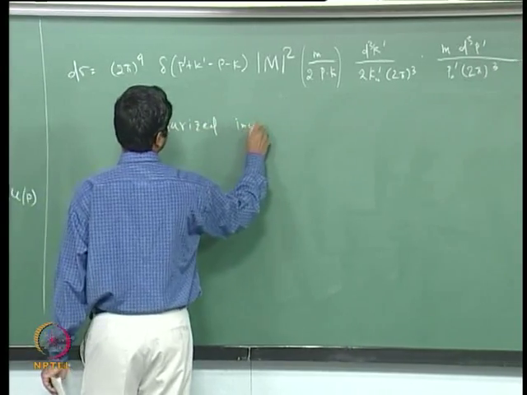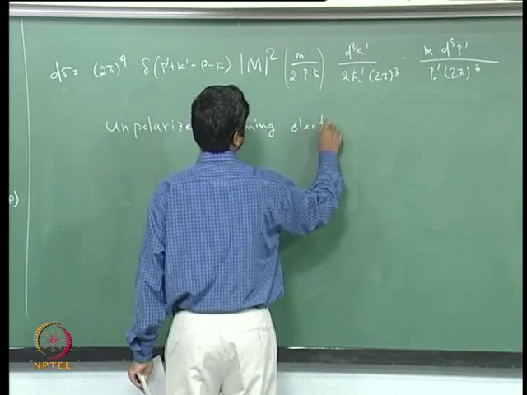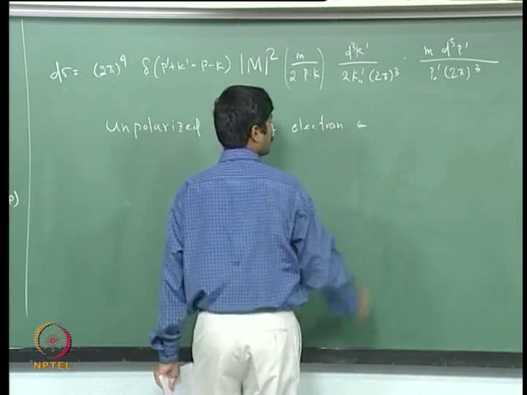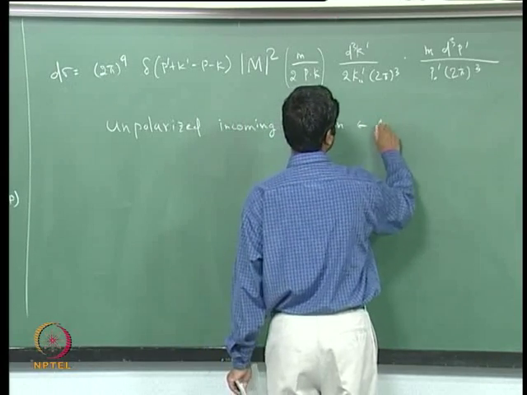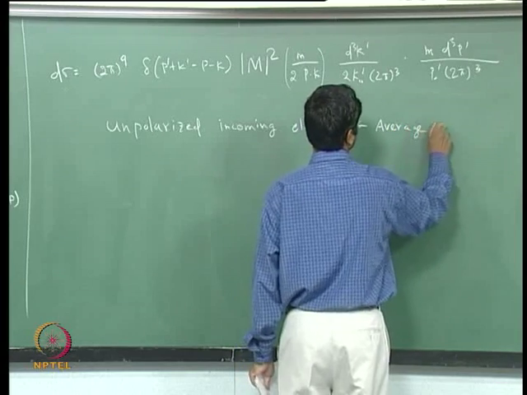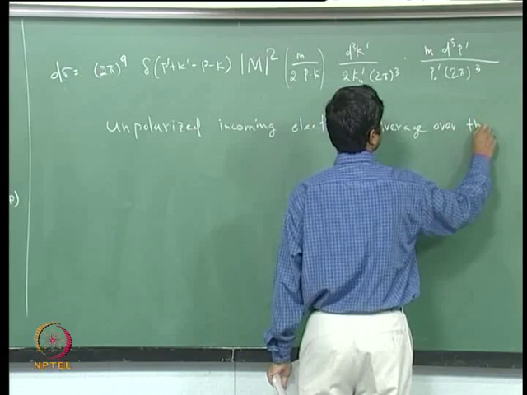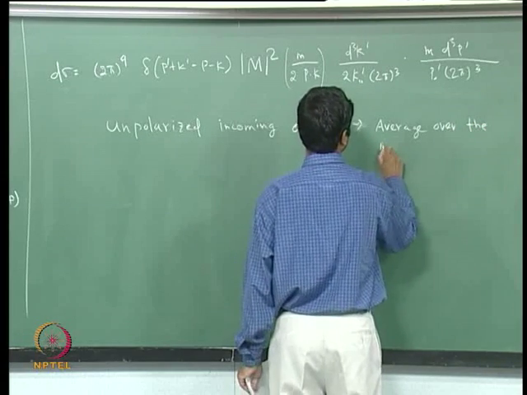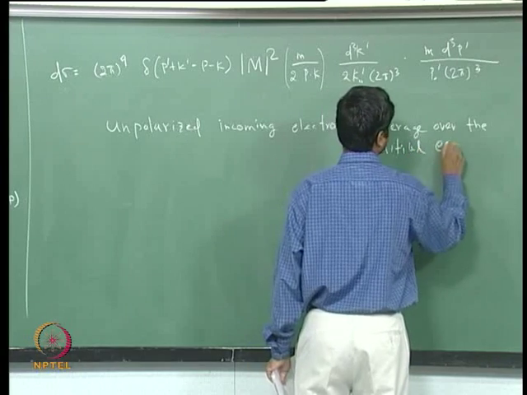Both the spins are equally probable, therefore you just average over the initial electron spin.